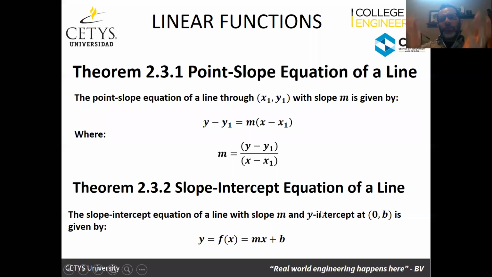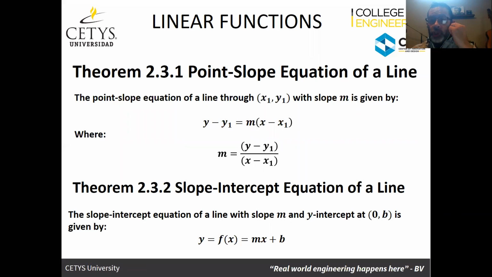Now, in the case of these functions that we're looking at, particularly the line function, there are certain general representations of the function. One representation is called the point slope equation. When we have a line function, we can define its mathematical expression with two data points.